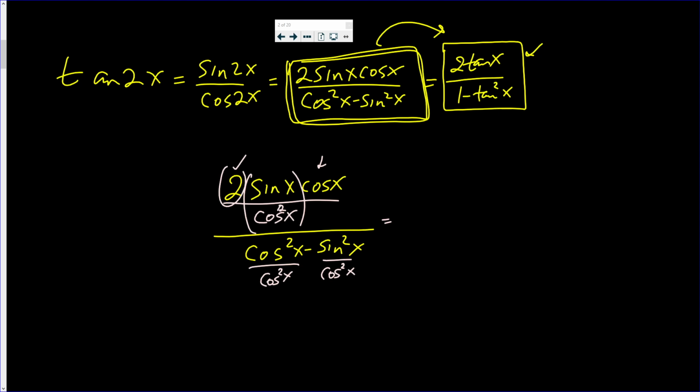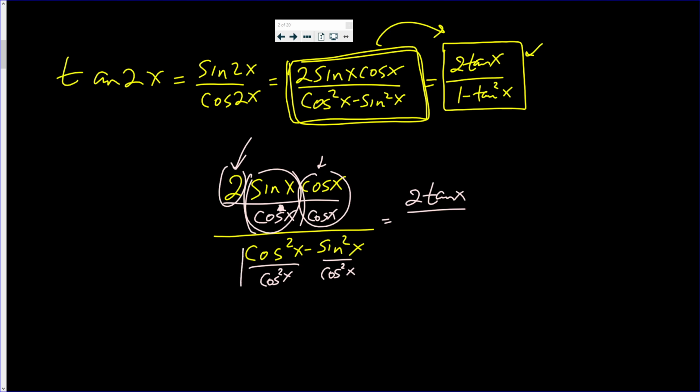Now, if you like, you can think of that cosine squared x as cosine x times cosine x. There's my 2. This in the middle is tangent x times 1. 2 tan x times 1 is 2 tan x.